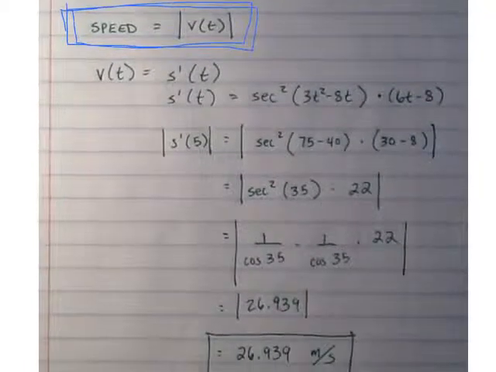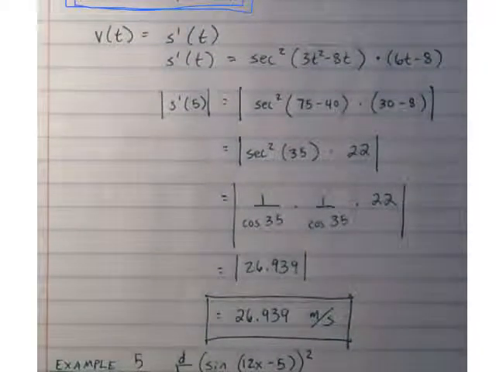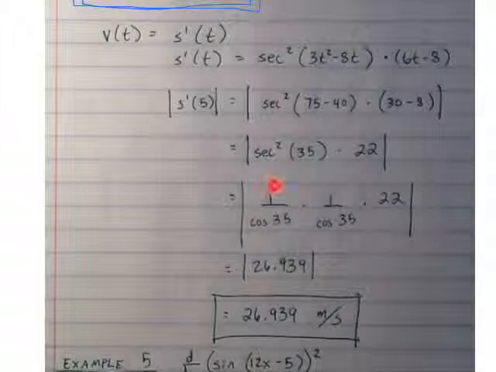So I evaluate 1 over cosine of 35, because the reciprocal of secant is cosine. And since we're squaring it, we're going to do that twice. And then that gets multiplied by 22. So all total of those three things evaluate to 26.939.